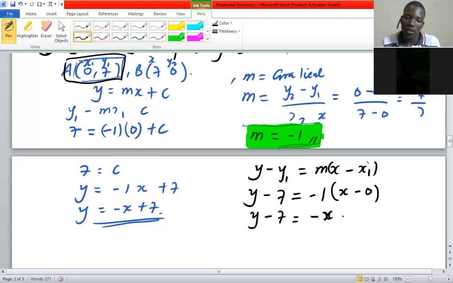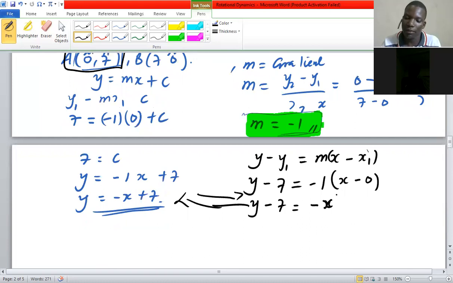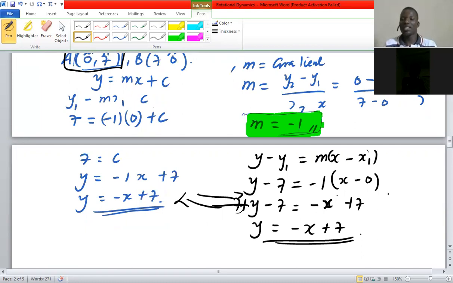You can see that this equation is the same as the earlier one. Here we can just add 7 on both sides, where 7 minus 7 is 0, so y is equal to minus x plus 7. So it's the same. These are the two ways that you can use to find the equation of a line.